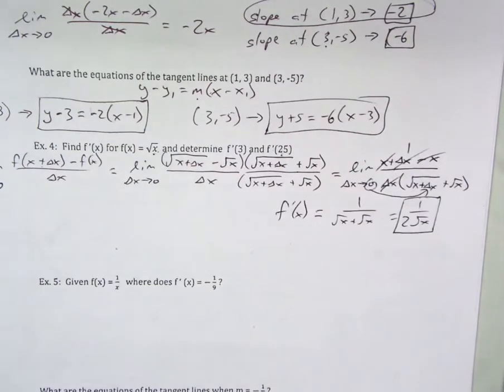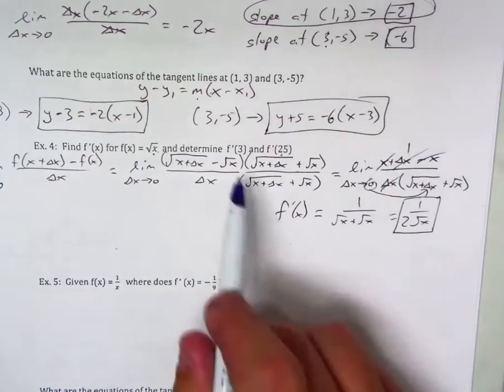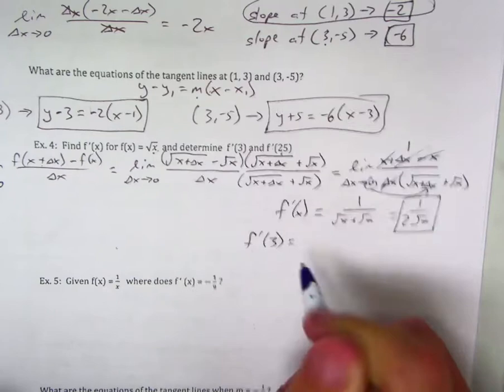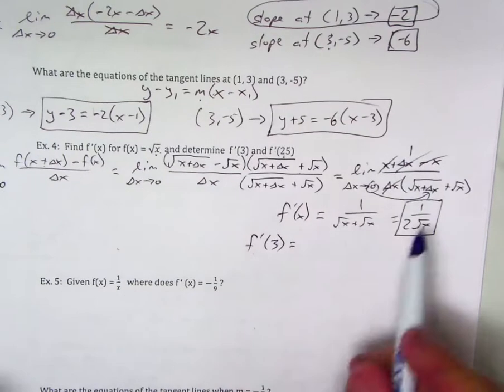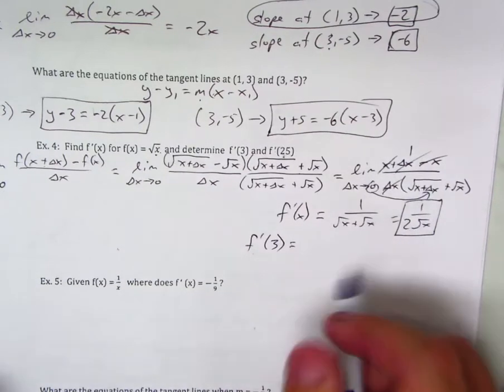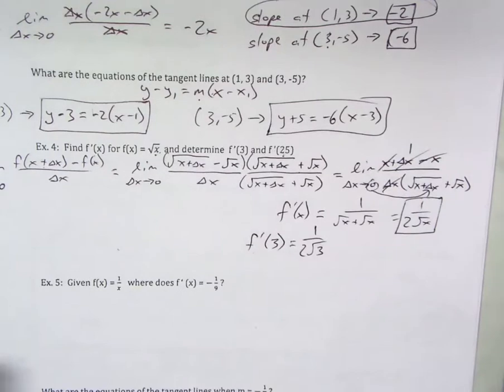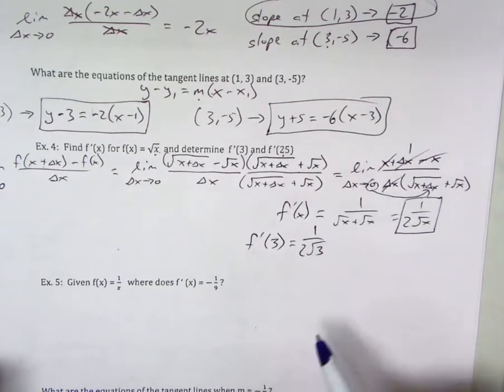That's the derivative, and so we use it now to find slopes of tangent lines at specific points. So the rest of the question said find f prime of 3. So f prime of 3 means just plug 3 into the derivative. So 1 over 2 square root of 3. There's no need to rationalize. That's it. This is the slope of the tangent line at 3.